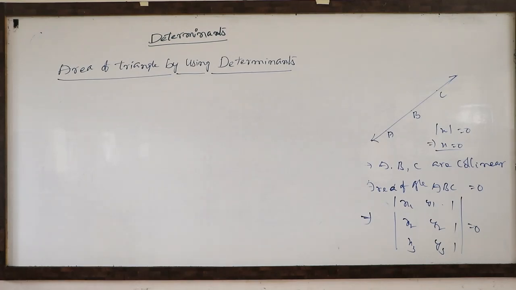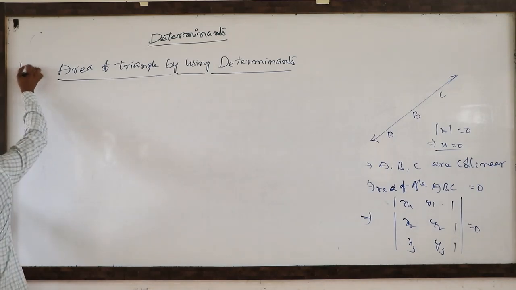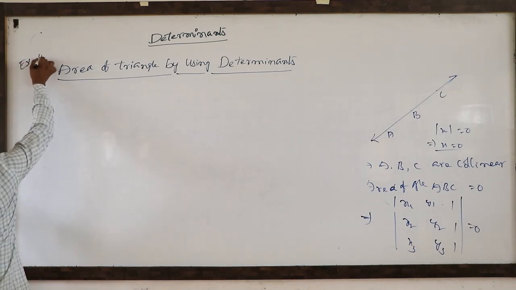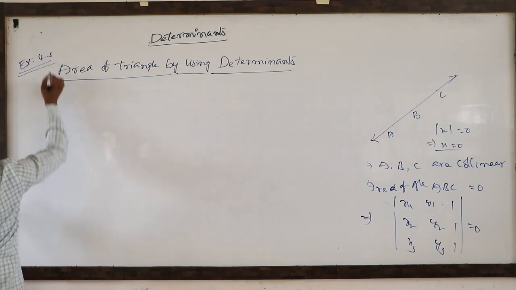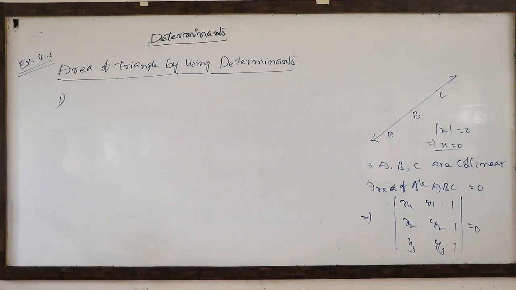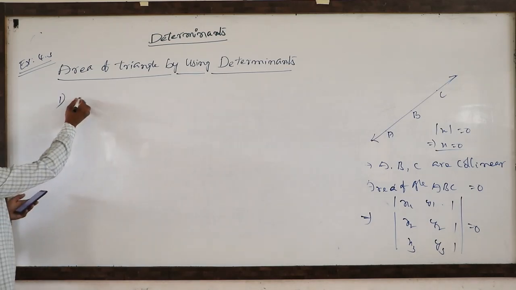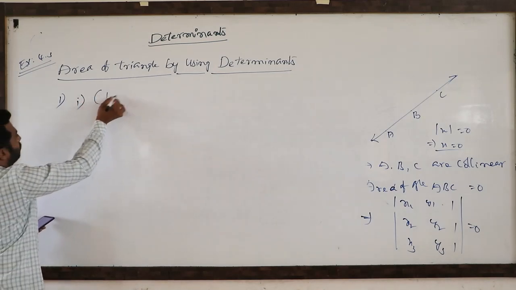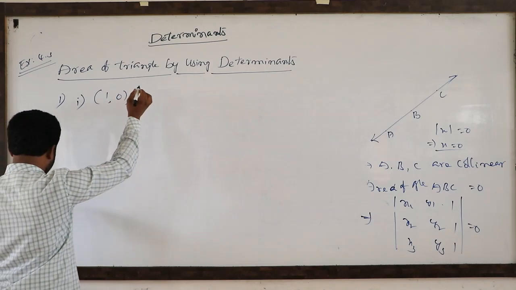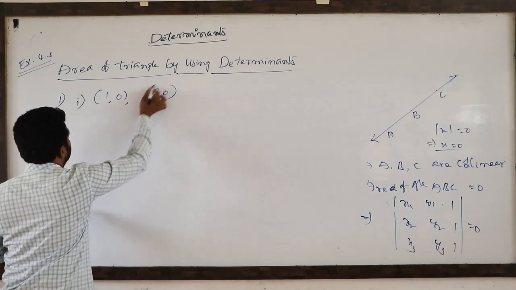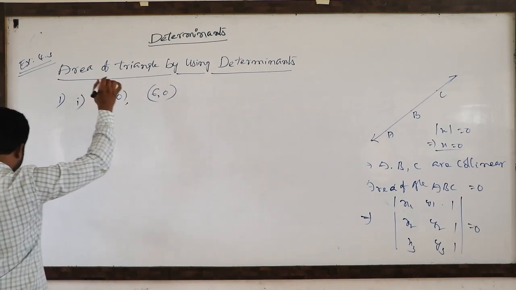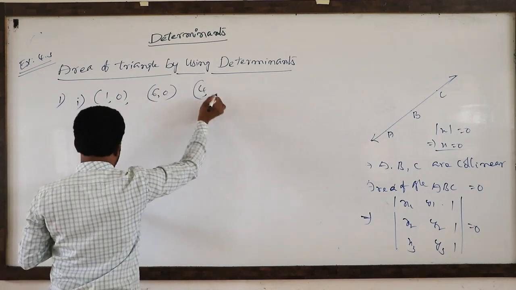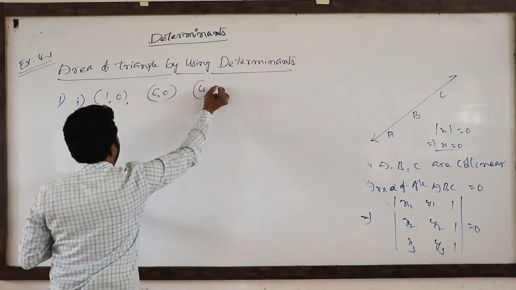Exercise 4.3. First question. Find the area of the triangle whose vertices are given. The first one is 1, 0, 6, 0, then 4, 3.